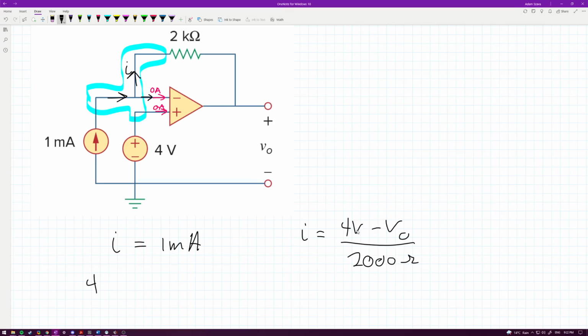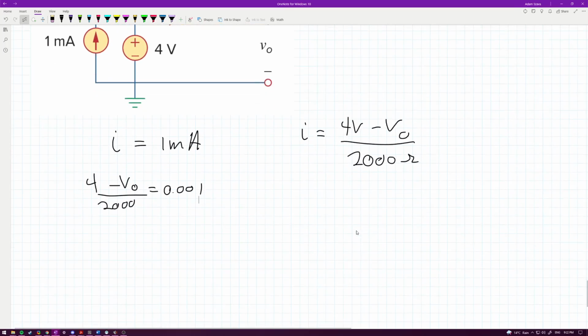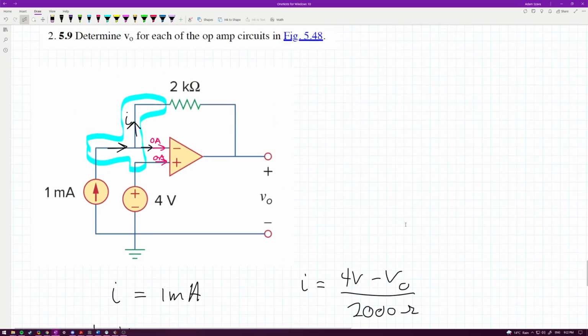Now I can say (4 minus VO) over 2,000 equals 0.001. And we can just solve for what we want. So 4 minus VO equals 2, and VO equals 2. Yeah, that's what I got. Is that right? I'm pretty sure. Here, let me check. Yeah, check.